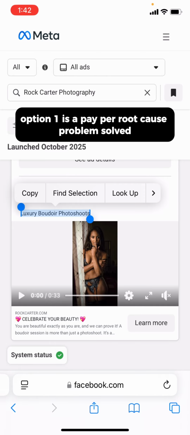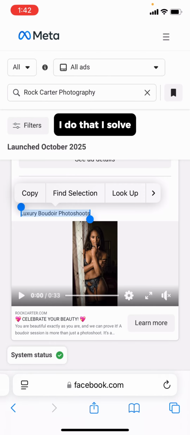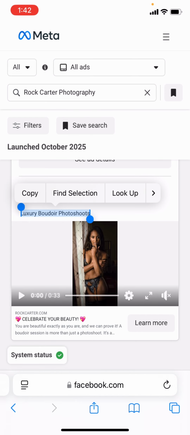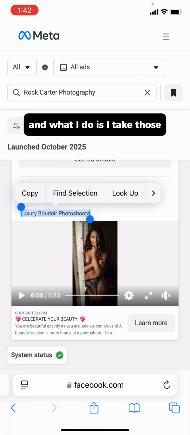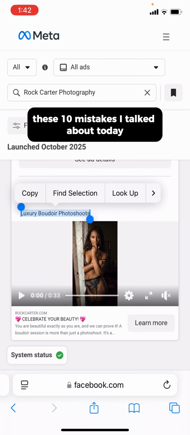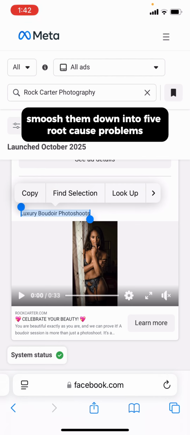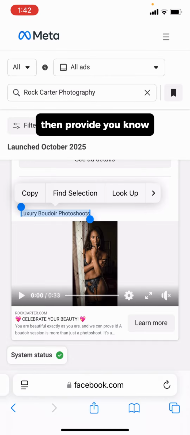Option one is pay per root cause problem solved, for one ad, on a per ad basis. I take these 10 mistakes I talked about today, smush them down into 5 root cause problems, then provide a quote for that.